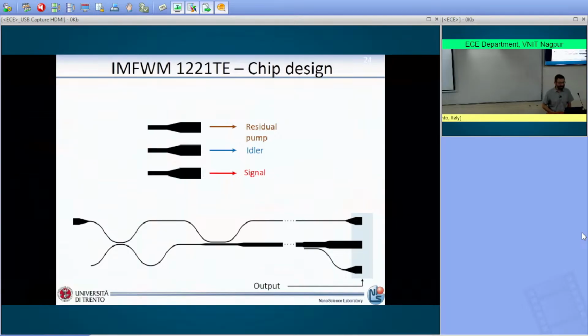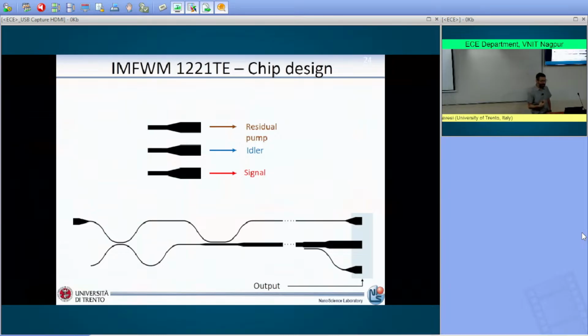And so now you have 3 output ports. In one port you have the residual of the pump, which you can monitor if you want, to control how much power we have. This is physically separated from the idler photon that is in one port and the signal photon that is in another port.